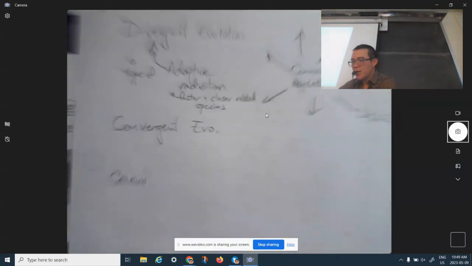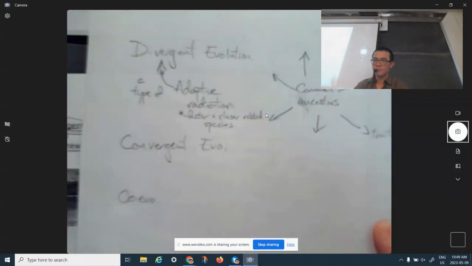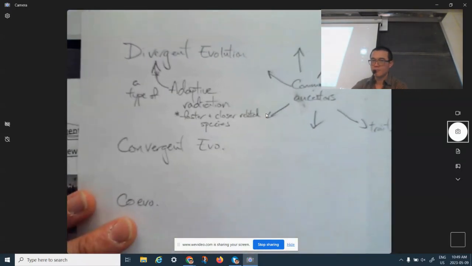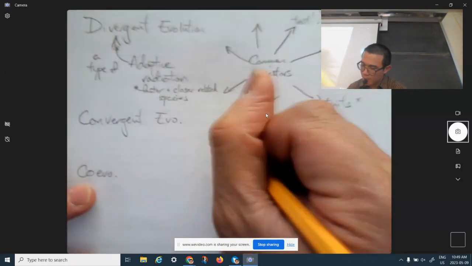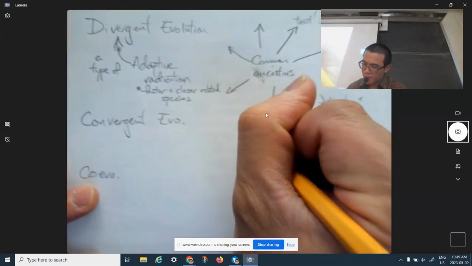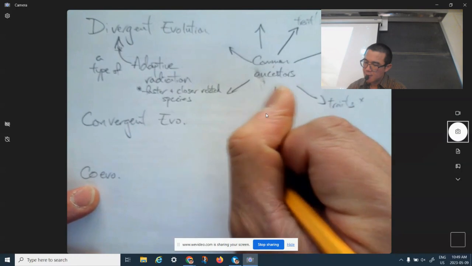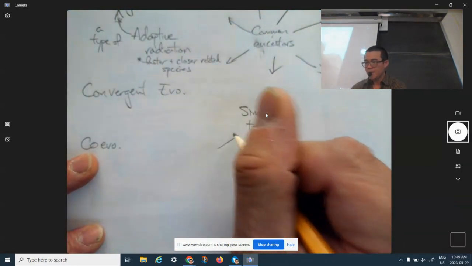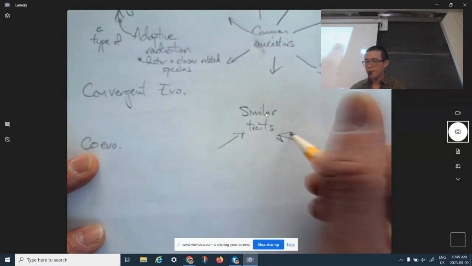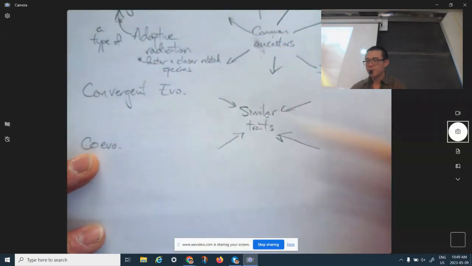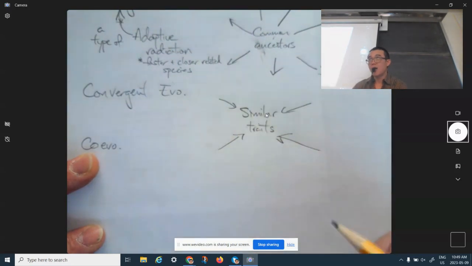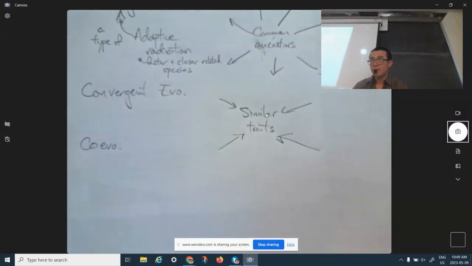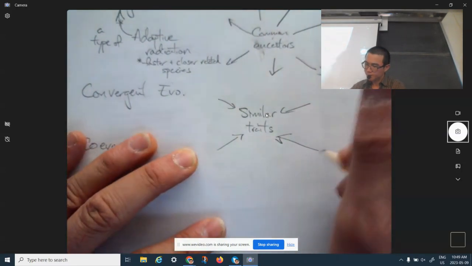So you are really talking about species that have similar traits, but coming from different, let's just say, background, okay? Coming from different species.